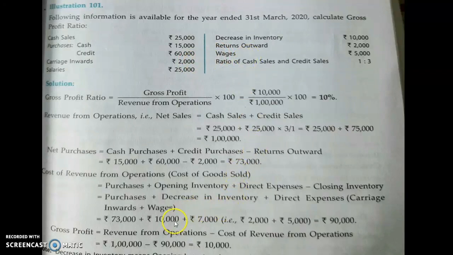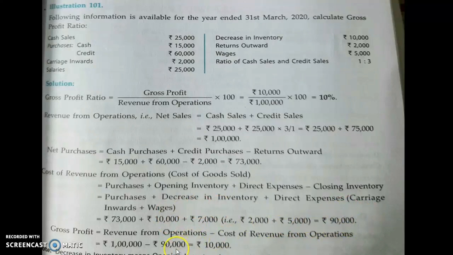So add those two items. Adding all three items, purchases plus decrease in inventory, which is the word given in the question, plus direct expenses, I got rupees 90,000 as cost of revenue from operation.